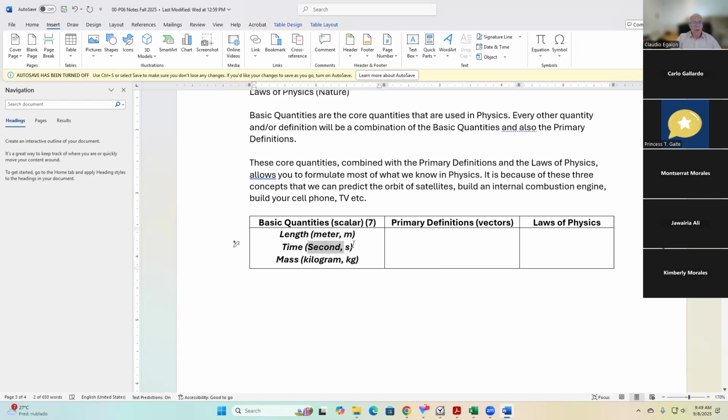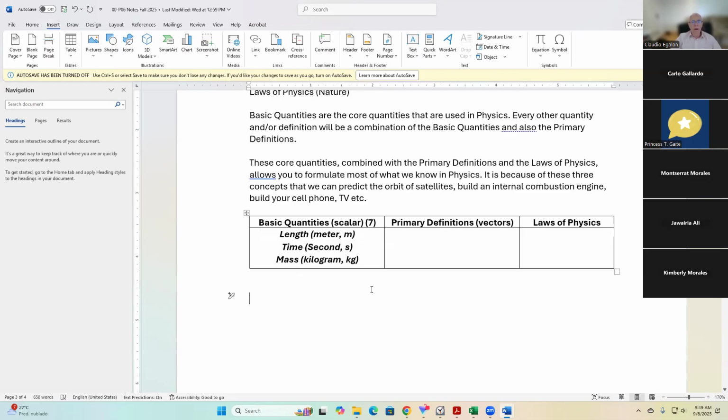Time is another one, and mass is another one. Those are the three that we're going to concentrate on for most of this course. But like I said, there are seven. Length, time, and mass.